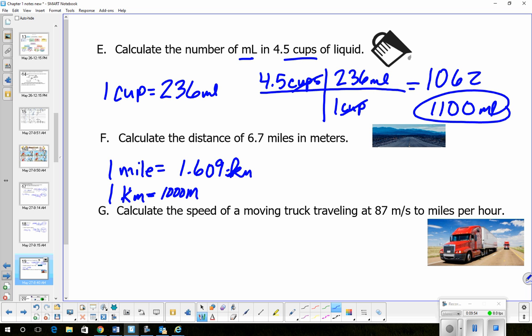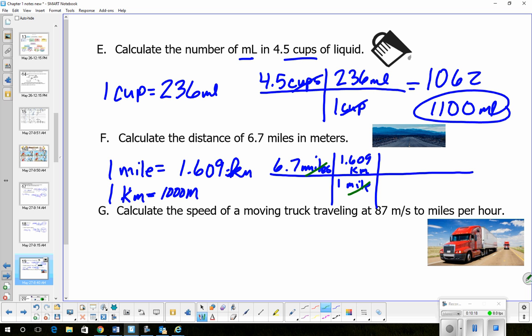All right. So we start with what we're given, 6.7 miles. So we're going to do a couple conversions here. First one, we're going to get rid of miles, so 1 mile on the bottom, and 1.609 kilometers on the top. Miles then go out. Next conversion, we're going to use this one.